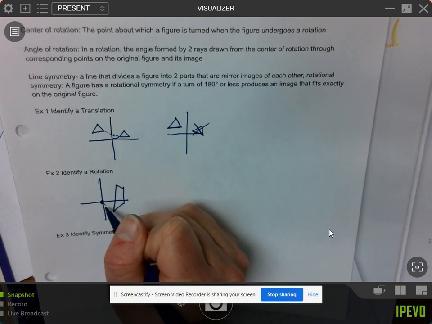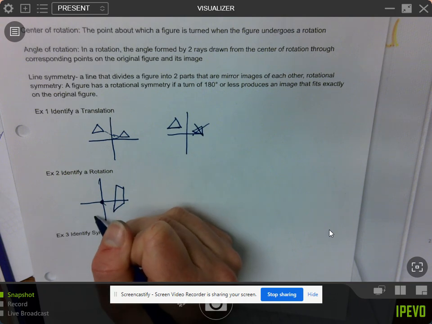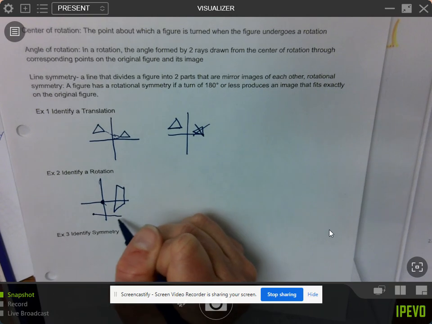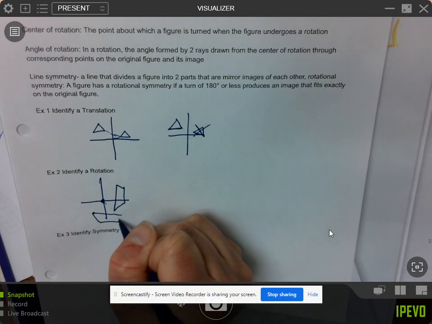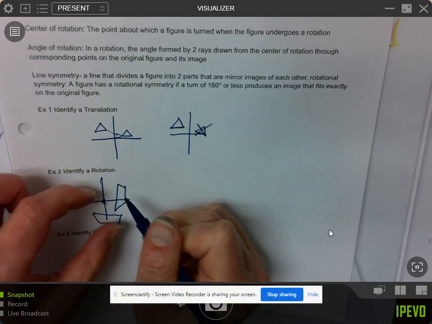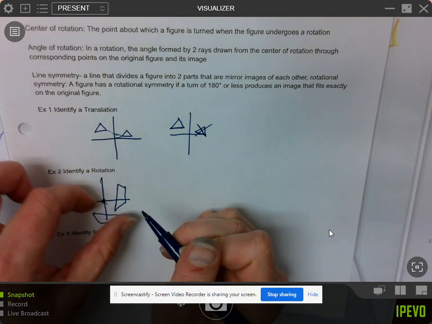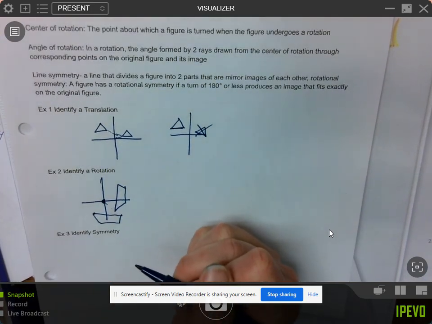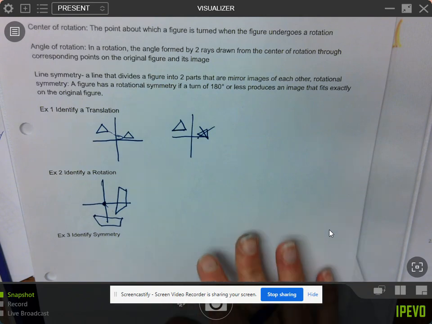So we're going to turn it. So now instead of looking like this, it's going to look like that. So we're turning, starting right here, we're turning it over. Does that make sense for the turn? That rotation?